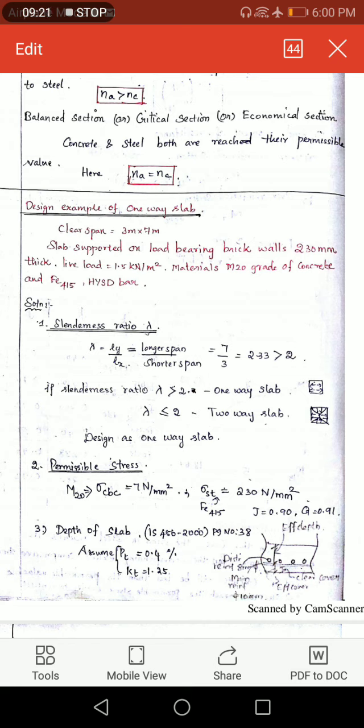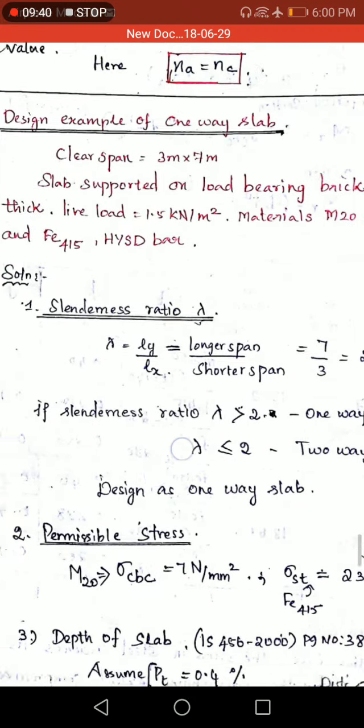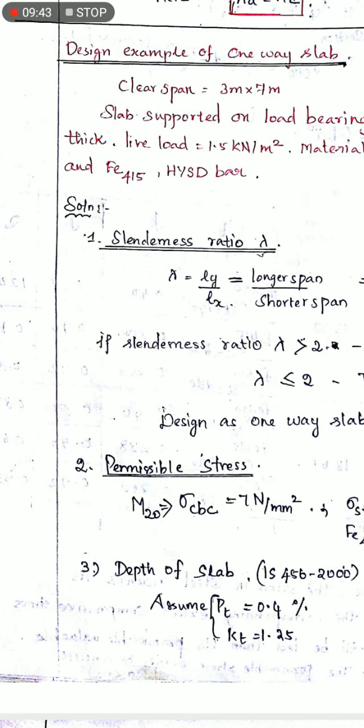Now we can go for design. What are the design steps available for designing a one-way slab? All those things you have to know. First is the slenderness ratio, which is used for defining whether a slab is a one-way slab or two-way slab.